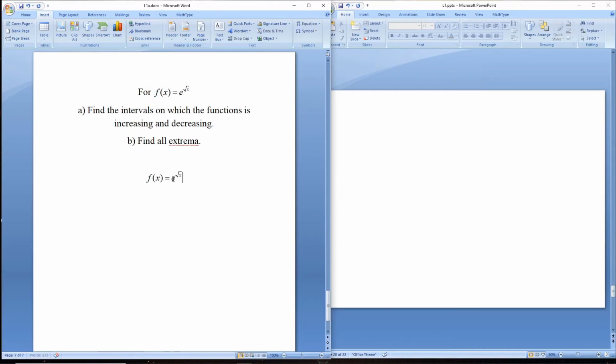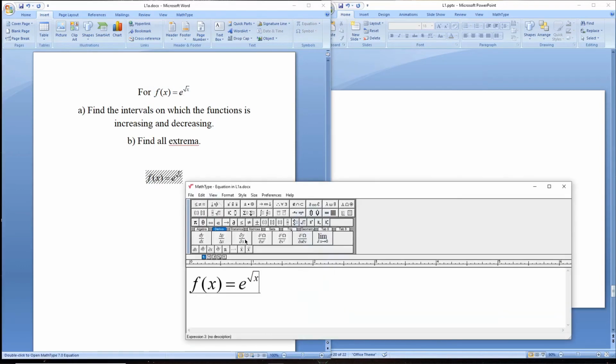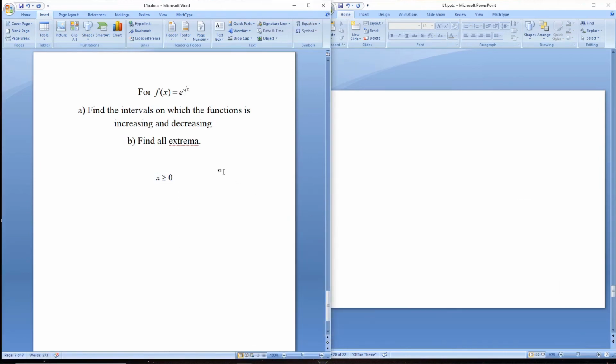Now you know the square root, you can't take the square root of a negative number. Now you can take the square root of 0. Square root of 0 is 0. So x has to be greater than or equal to 0. That is our domain here. That's the domain of the function.